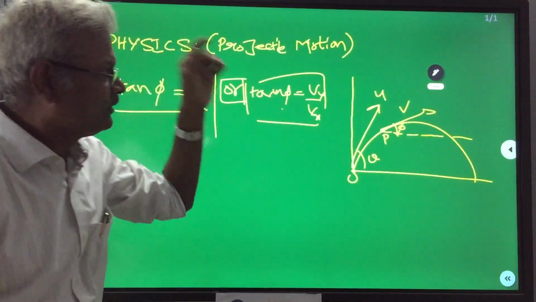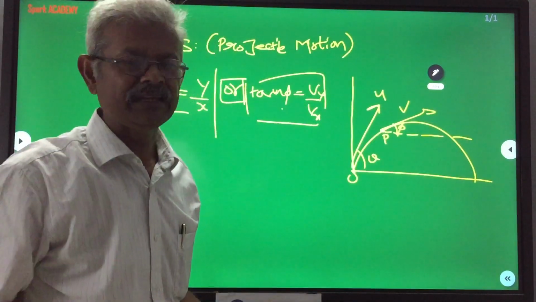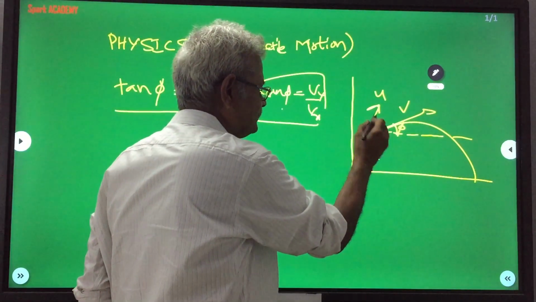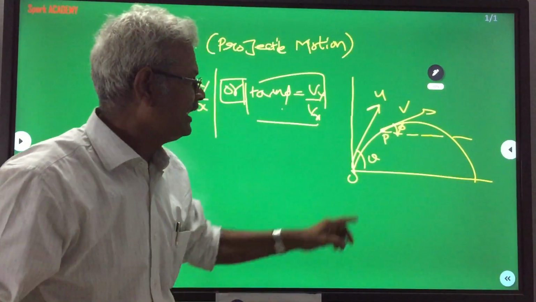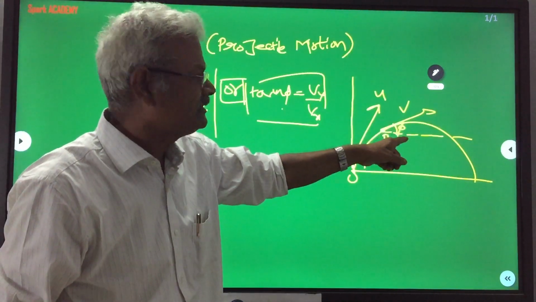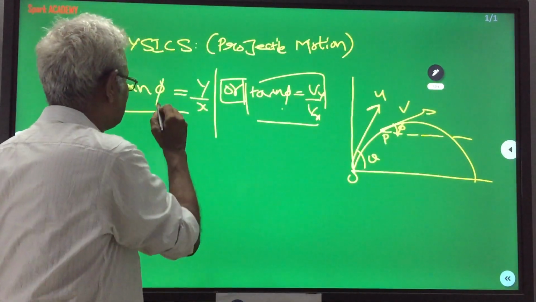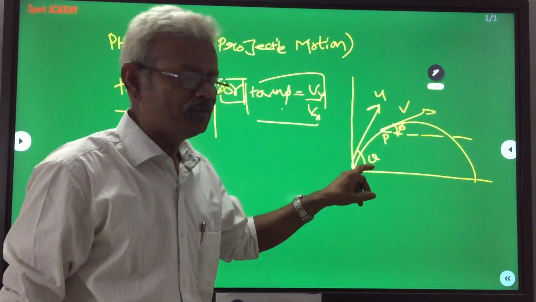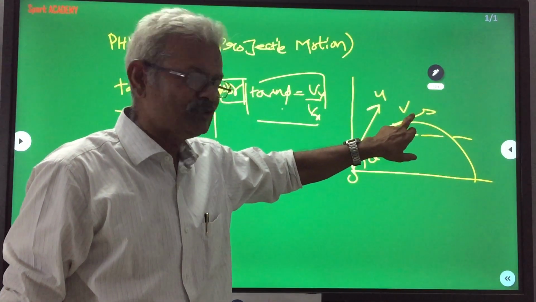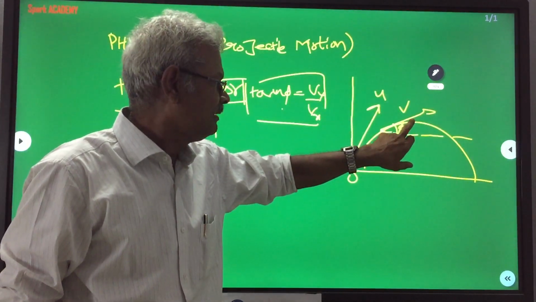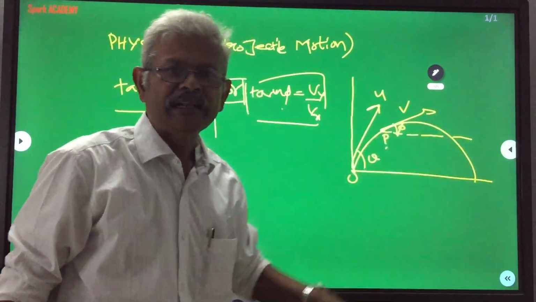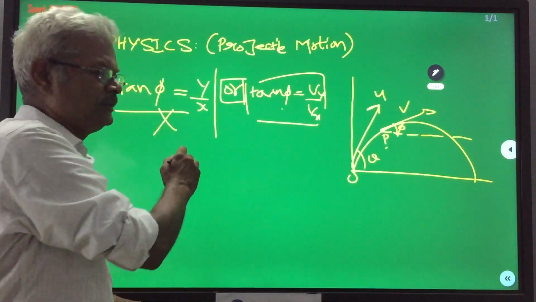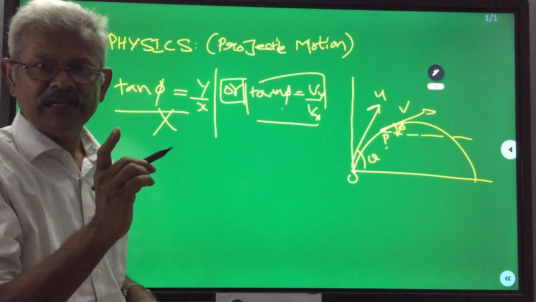So see here, what phi means in this given case, or you have to understand always, phi is the angle made by the velocity, so you should not use this. Or else if the question is, what is the angle made by the projectile with respect to the horizontal direction? Then you cannot use this. Clear?